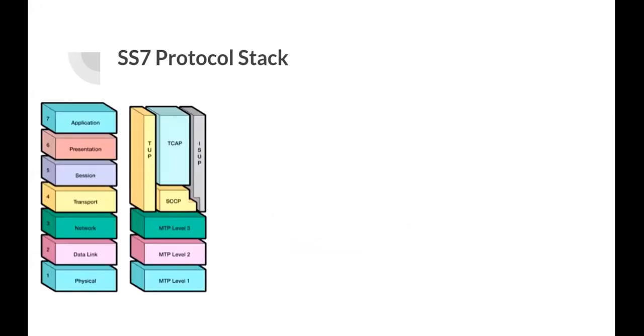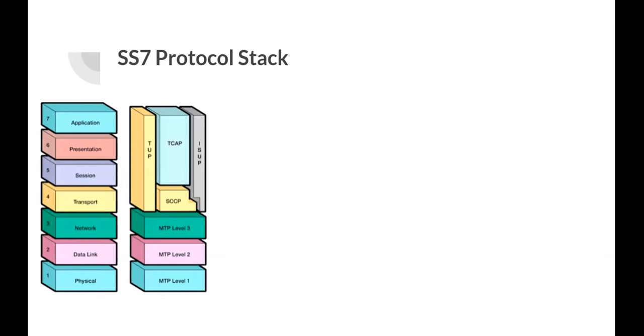Now the protocol stack. We have MTP1 all the way to MTP3. Then we have SCCP, TCAP, and a layer above for all the user parts. For instance, MTP level 1 links with the physical layer, electrical, and all those characteristics.